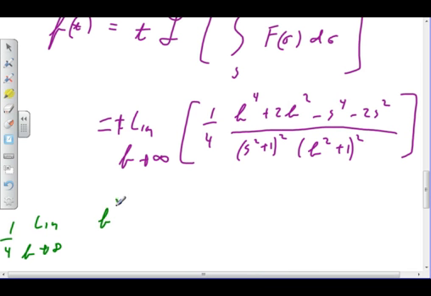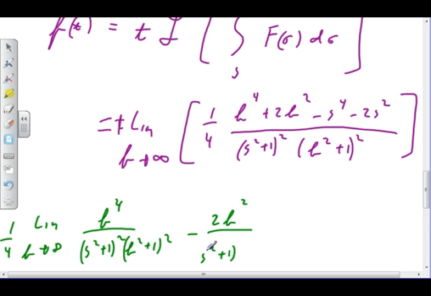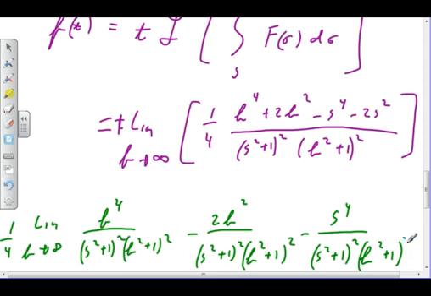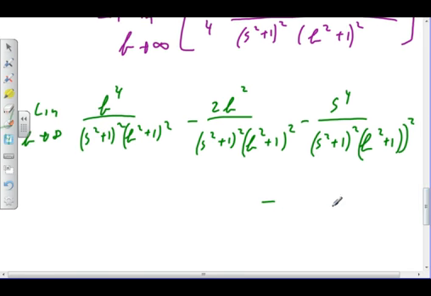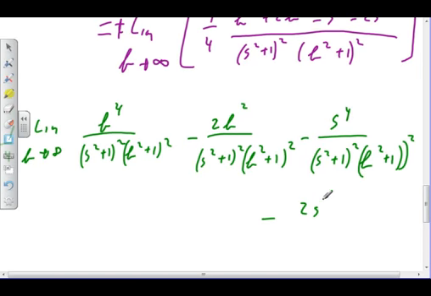So I've got b squared divided by s squared plus 1 squared b squared plus 1 squared minus, that's b to the fourth, 2b squared divided by s squared plus 1 squared b squared plus 1 squared minus s to the fourth over s squared plus 1 squared b squared plus 1 squared minus 2s squared over s squared plus 1 squared b squared plus 1 squared.